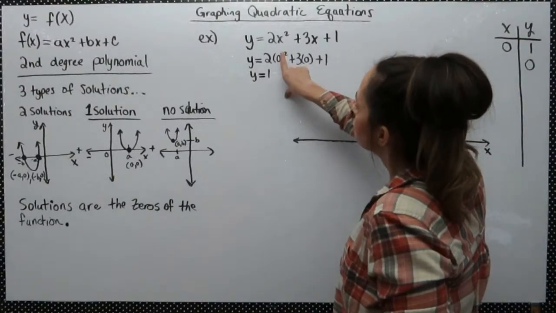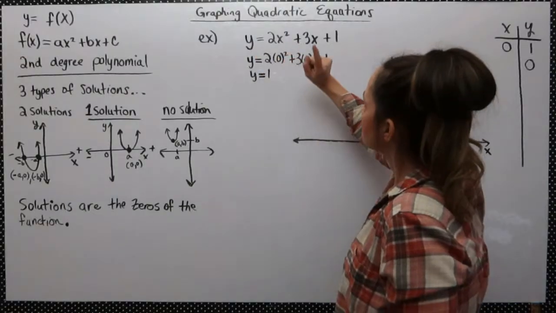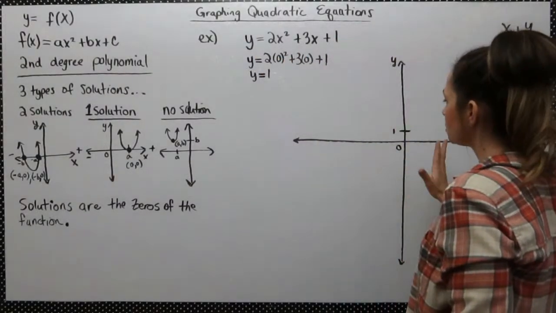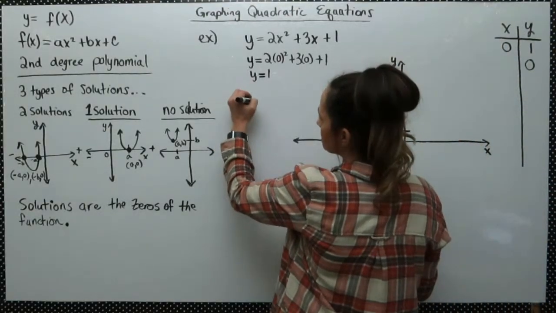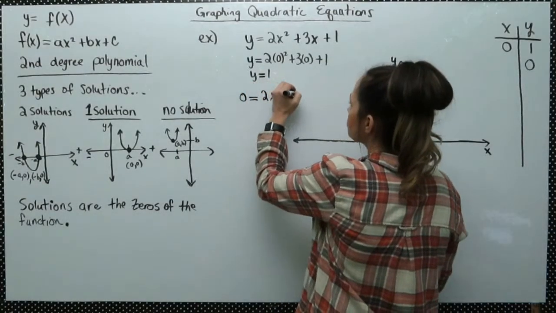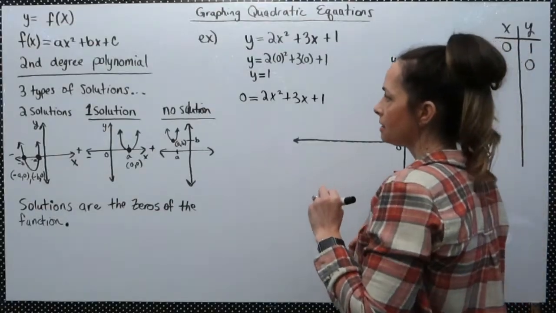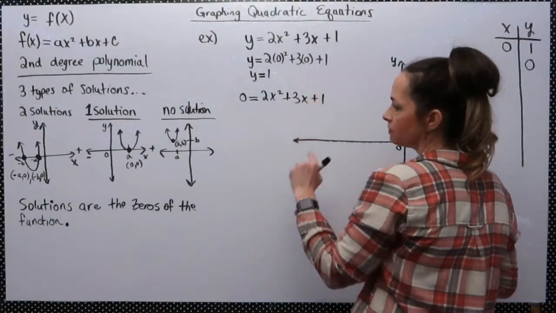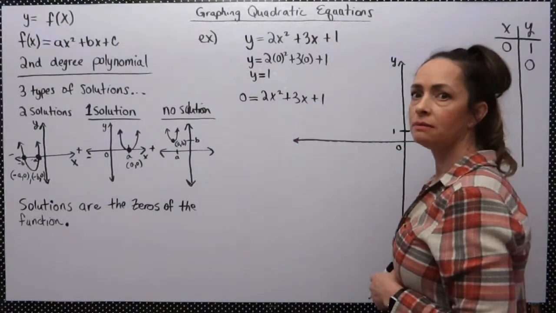I'm now going to set my function equal to 0 and solve for my x-intercepts. So where is it crossing when y is 0? Plugging in 0 for y now, you have 2x squared plus 3x plus 1. And this is where you would have to find the solutions, the zeros of this polynomial.